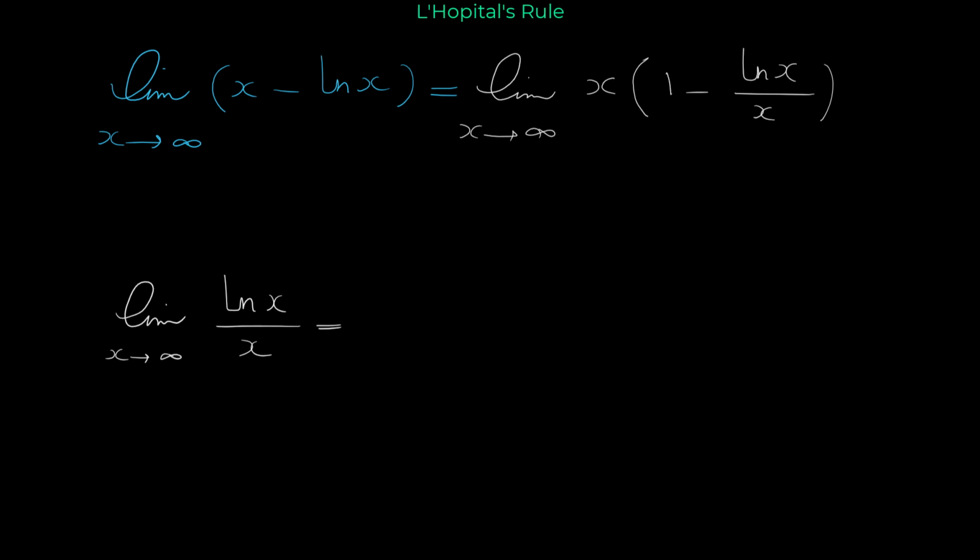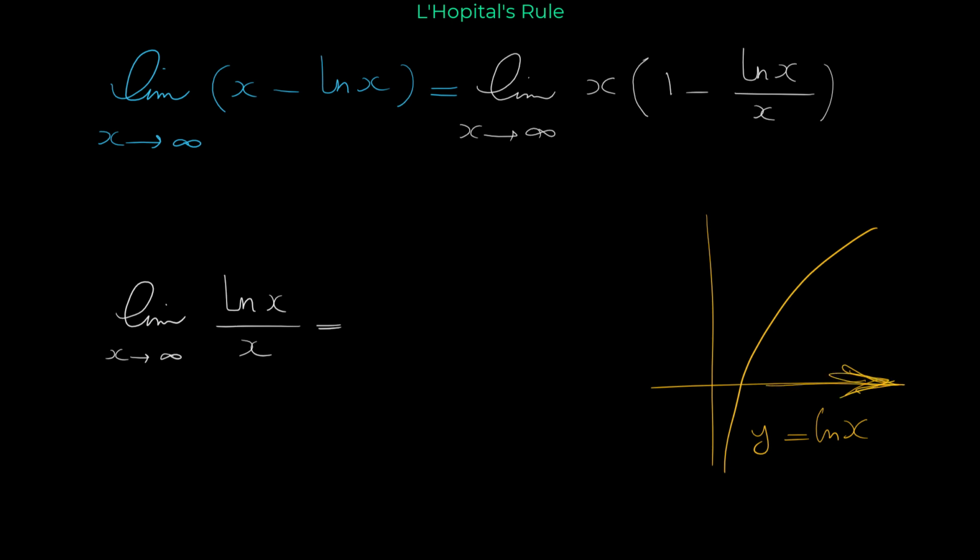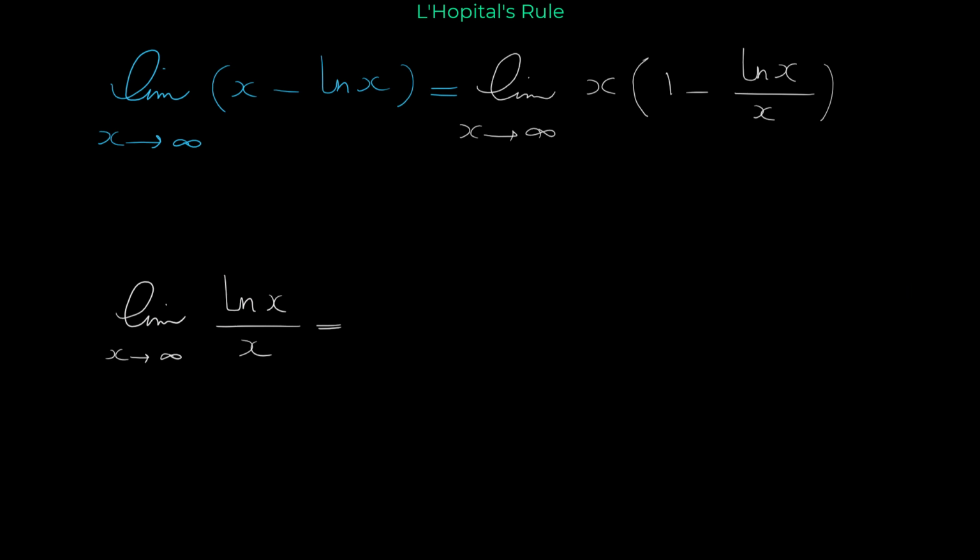If you remember the graph of ln of x, let me graph the function ln of x for you here. This is the graph of y equals ln of x. As you can see, when x approaches infinity, when we go far to the right, the y value of the function also goes to infinity. So this limit is in the form of infinity over infinity, and we can use L'Hopital's rule when we have infinity over infinity.